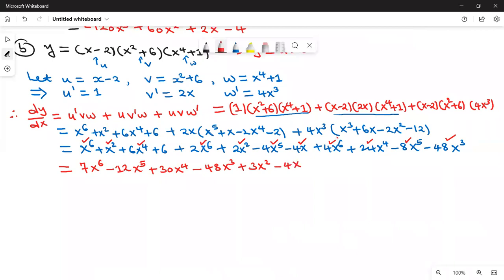And lastly, we have the constant term, that is positive 6. So that's what we have as our derivative of a product of 3 functions of x. 3 functions of x, very important. Now, that is all about product rule.